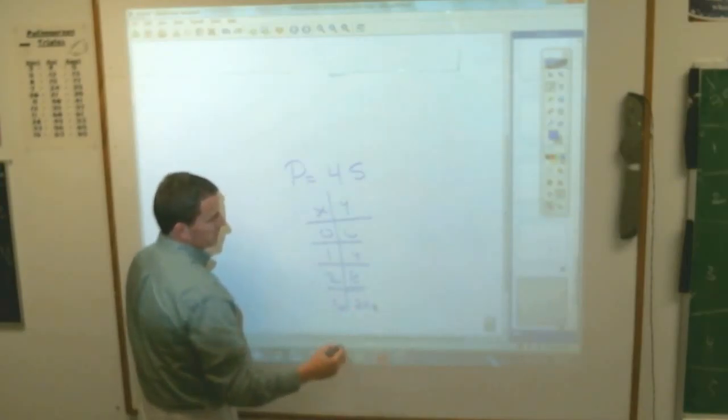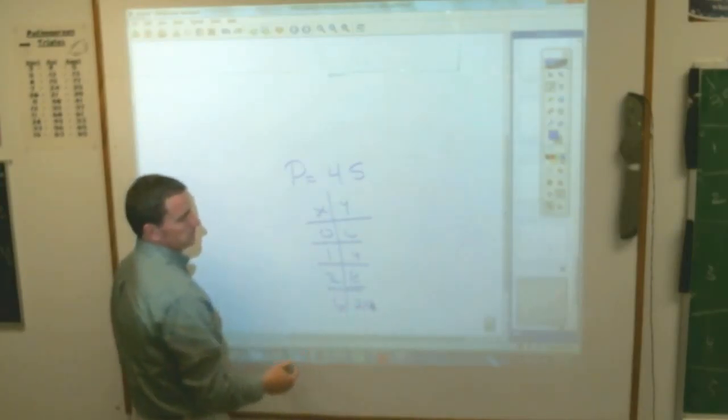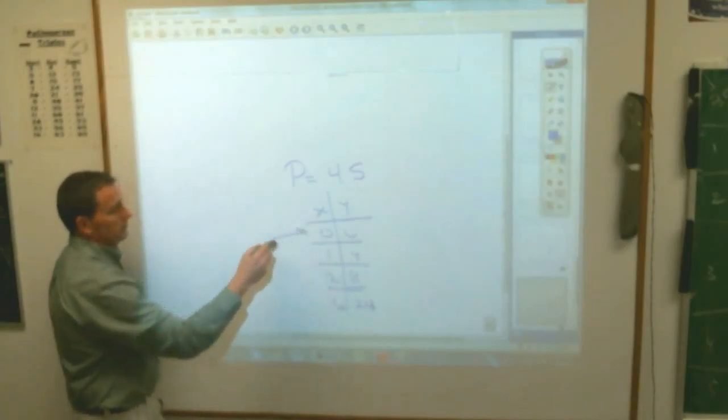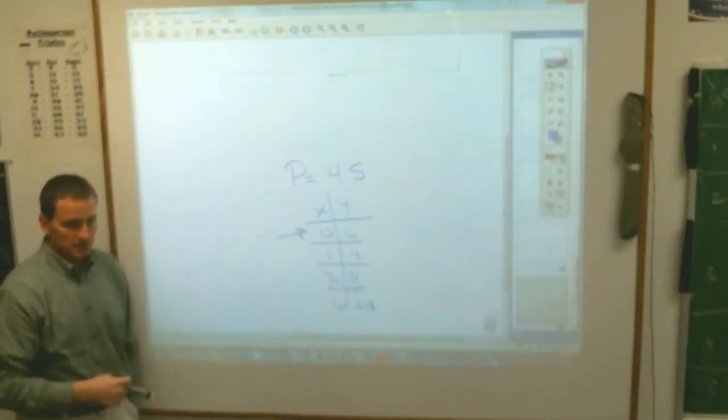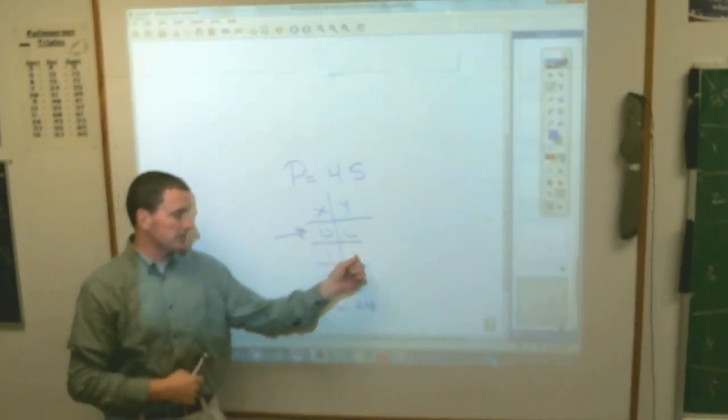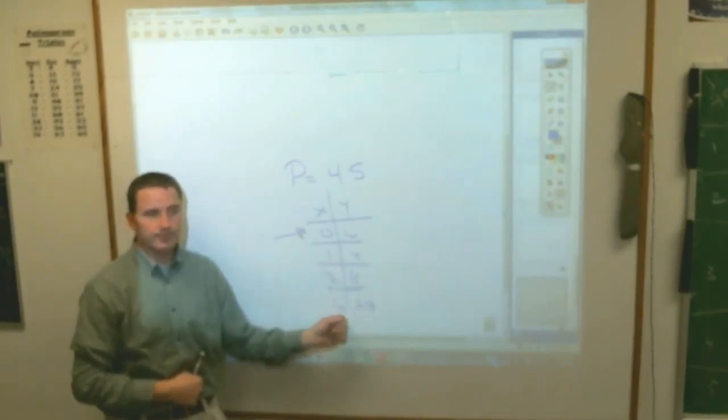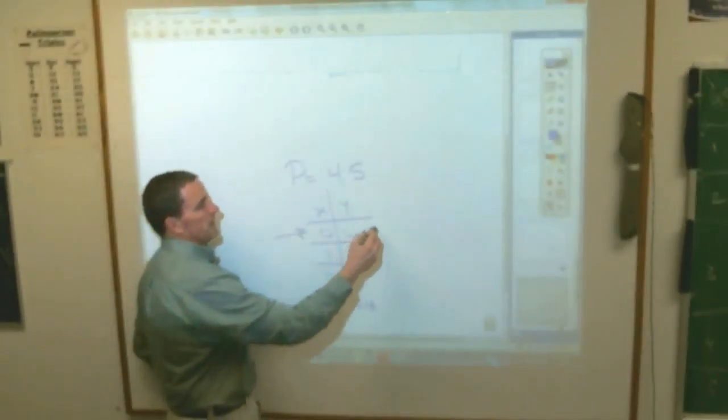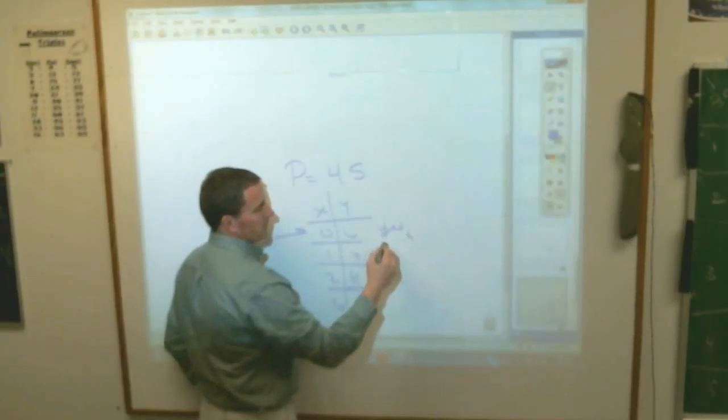Is this direct variation, yes or no? It does go through 0, 0. Is there the same constant between everything? Do you multiply this by the same number every time you get y? Yes. So this is, yes, direct variation.